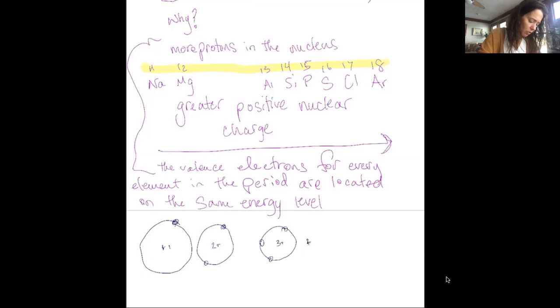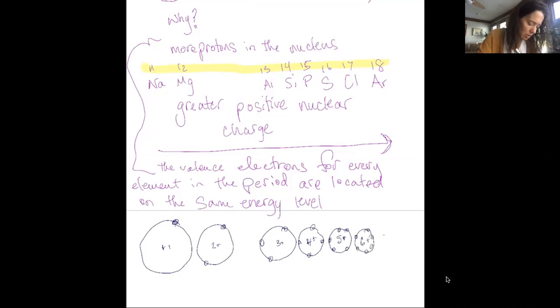My nucleus is 4+. I've got 4 valence electrons. My nucleus is 5+. I have 5 valence electrons. The nucleus is 6+. I have 6 valence electrons.